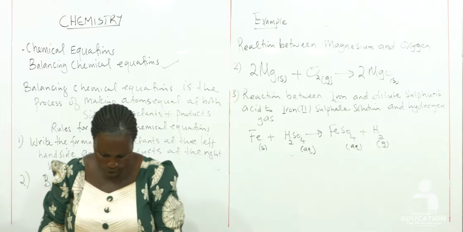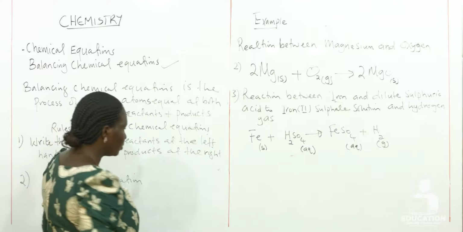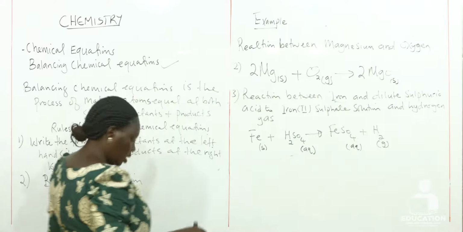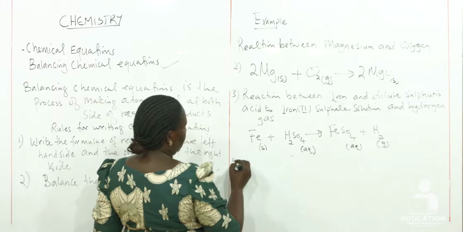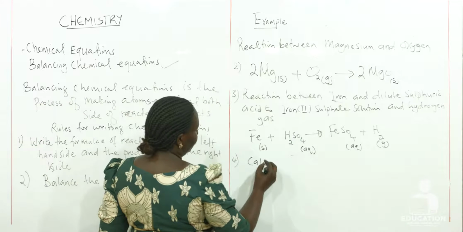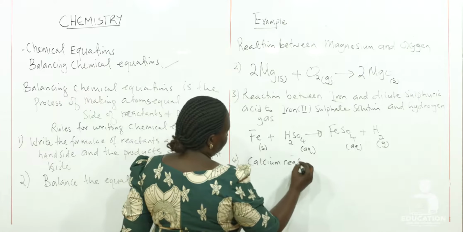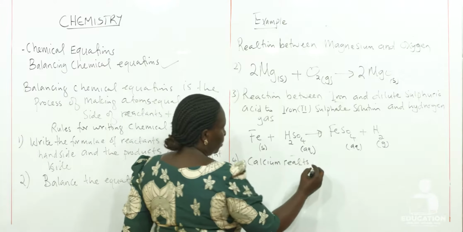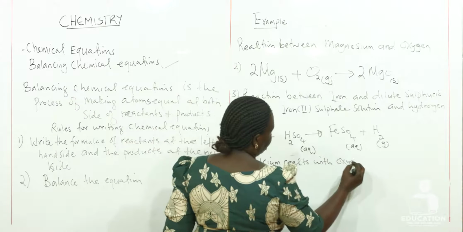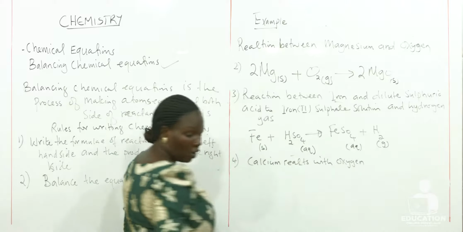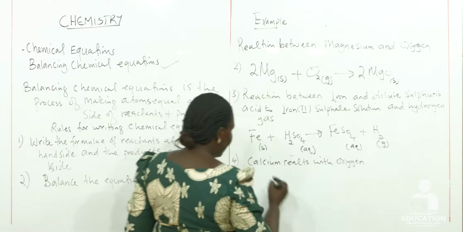For example, we have calcium reacting with oxygen according to this equation, to give us calcium oxide.